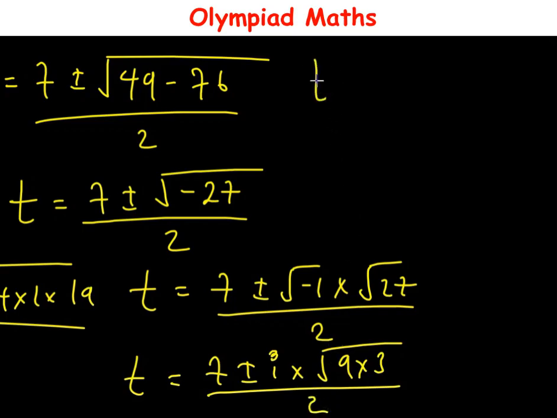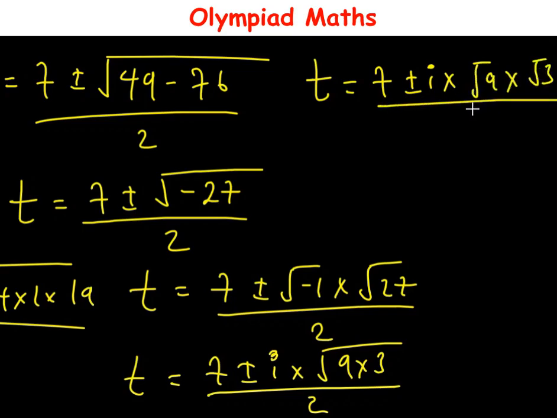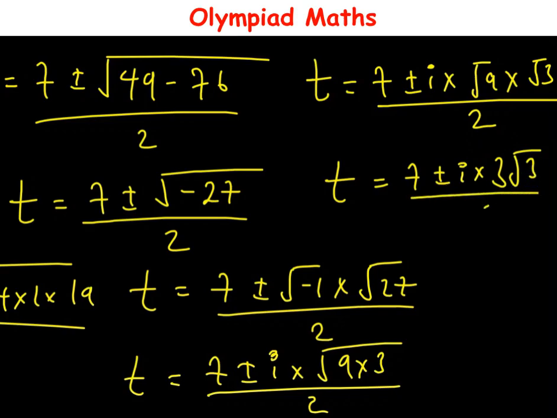From here, t is then equal to 7 plus or minus i times root 9 times root 3 all over 2. So t is equal to 7 plus or minus i times root 9 is 3, then times root 3, all over 2.